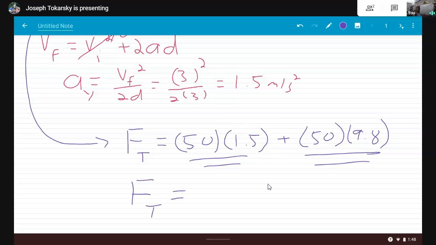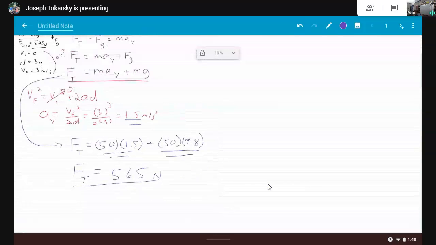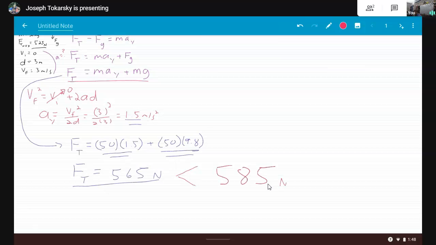So we calculate this out. And we get 565 newtons if I'm yanking it up with an acceleration of positive 1.5 meters per second squared. And now here's where that max tension comes in. I compare it. That number that we found for the actual tension, 565, is less than the maximum listed tension of 585.